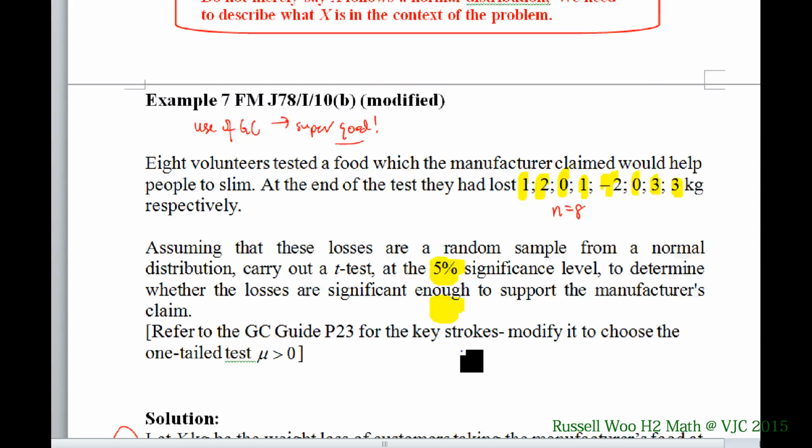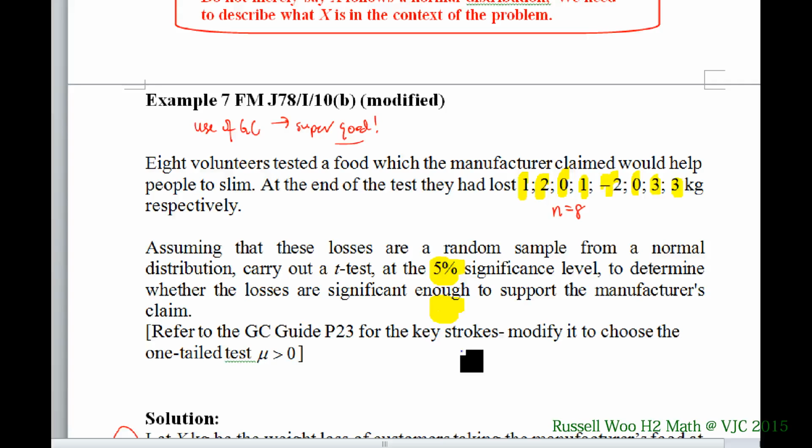You calculate S from your individual data, right? So now I'm going to show you, the GC is going to do the hard work. If you enter individual data inside, the GC is going to conduct the test for you at the same time, using the S that it calculates from the individual data.